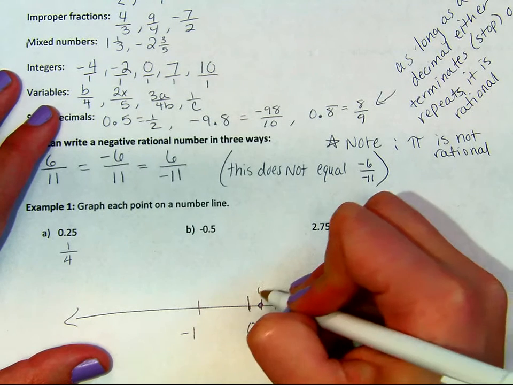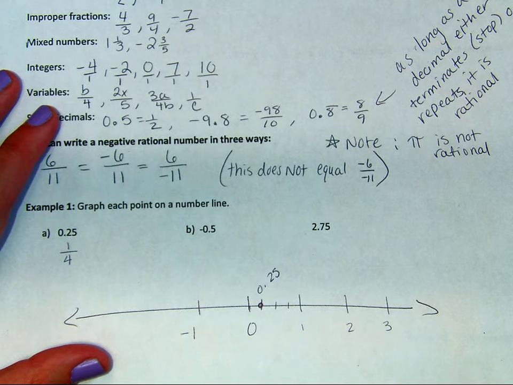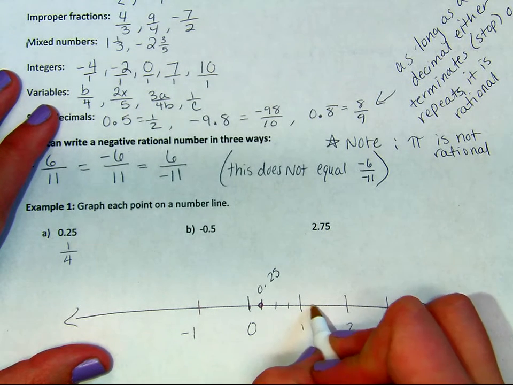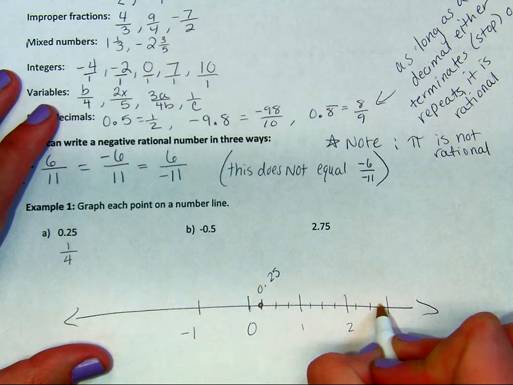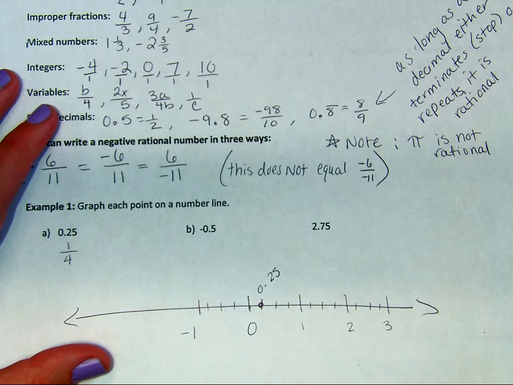So that's 0.25 right there. And since it looks like I'm going to need fourths for this as well, I'm just going to go ahead and split all of my sections into 4 equal parts, just to stay consistent.